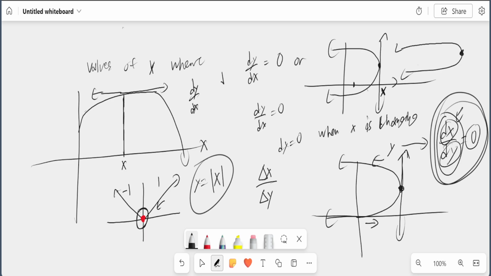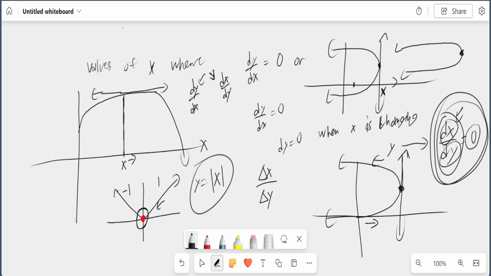And that's independent from dx/dy. In terms of critical numbers, these are two different things. These are not the same thing, because you can look at them conceptually as two different things: dy/dx is the change in y with respect to x.